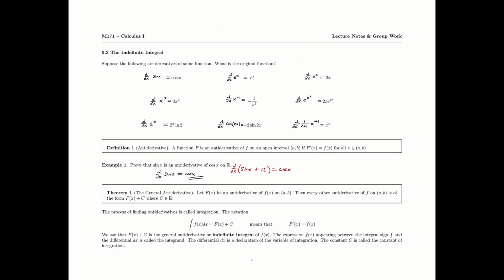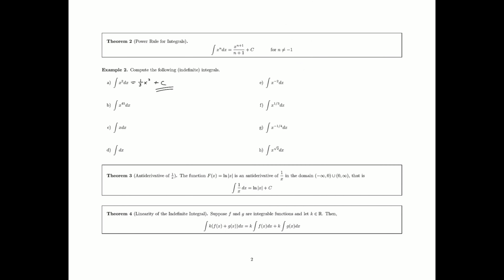So when we do these integral problems, we're going to answer with plus c at the end, just to at least communicate that this is an antiderivative, but a general antiderivative. So any antiderivative of this expression, x squared, has the form 1/3 x cubed plus any constant that you want.